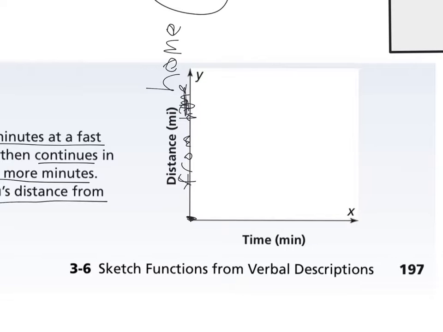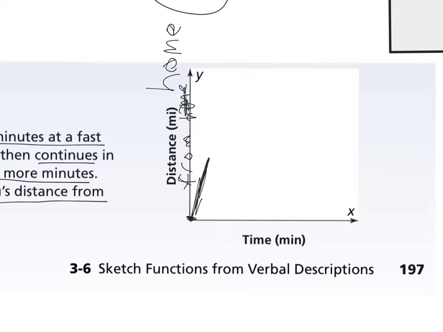So he rides at a fast pace, so what's going to happen with our line? Constant. Okay, it is going to be constant, and is it going to be like a really shallow line or a steep line? He's going fast. A steep line. His distance is increasing very rapidly here.